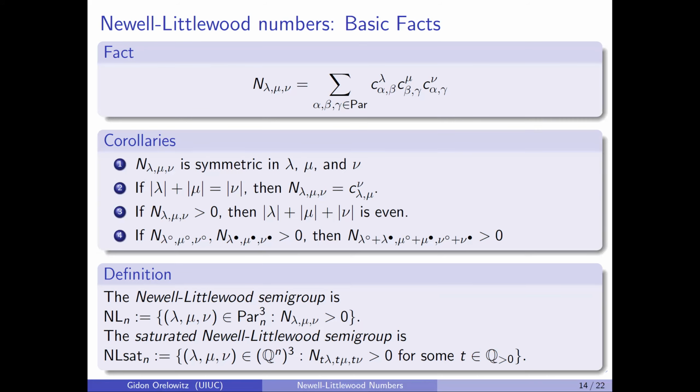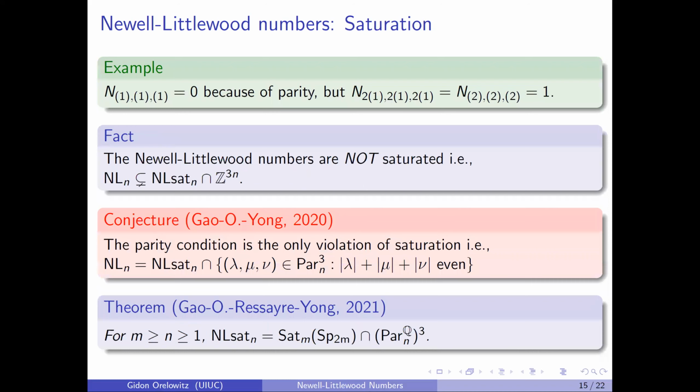So I want to go back to this fact over here that for any Newell-Littlewood triple, the sum of the sizes needs to be even. Well, we can look at the triple 1, 1, 1, and by just a simple parity argument, again, high level graduate school math, 1 + 1 + 1 is 3, which is an odd number. So that's not going to fly. But if you scale everything up by 2, it turns out that 2, 2, 2 is a Newell-Littlewood triple.